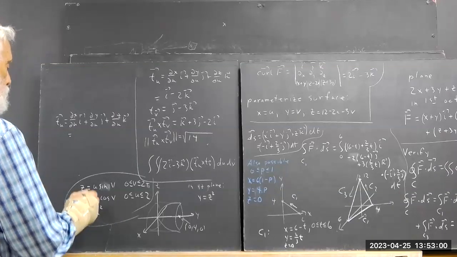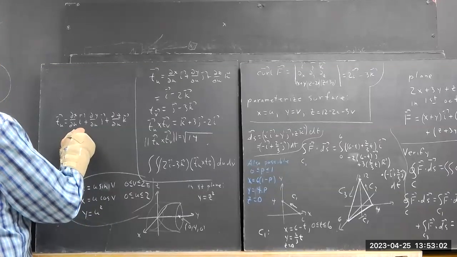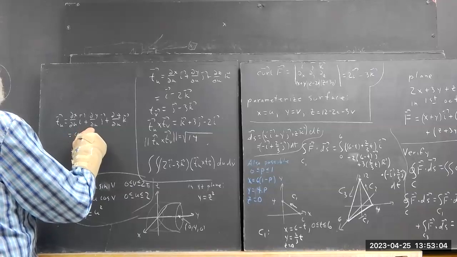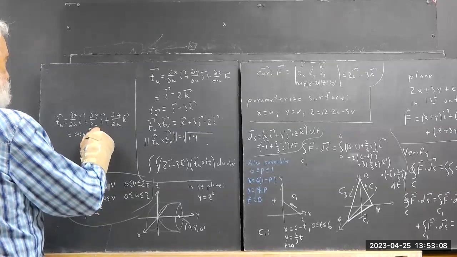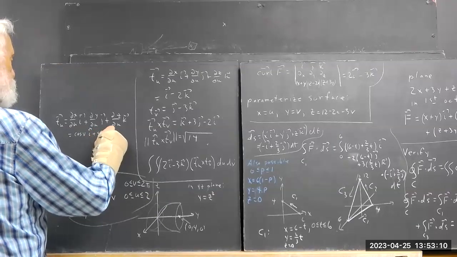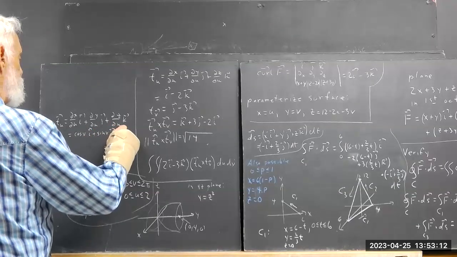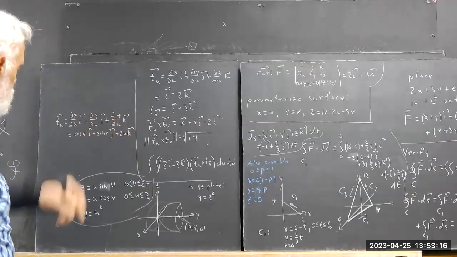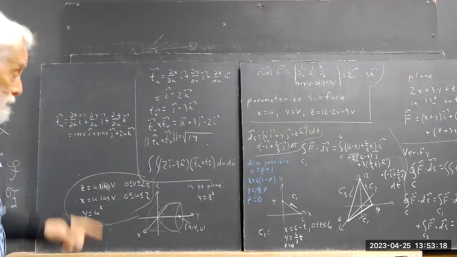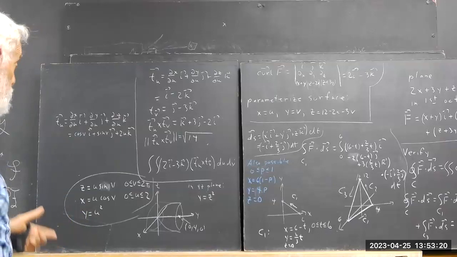Now the partial of r with respect to u is cosine v, 0, sine v. That is straightforward. They can prove these with respect to u.